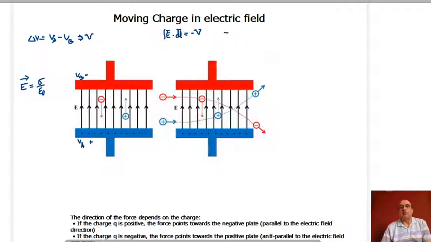For numerical purposes, this equation may be represented as electric field intensity into distance between the two plates is equal to the potential difference between the plates, or the electric field is equal to V by D, volt per meter.